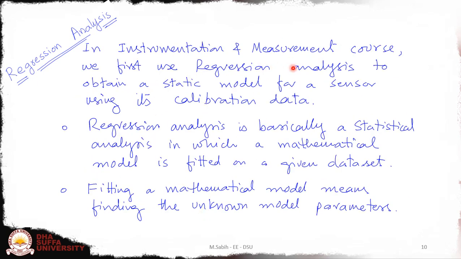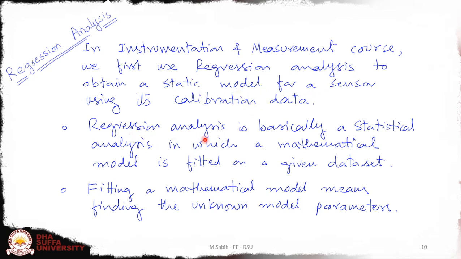In the instrumentation and measurement course, for example, we first use regression analysis for the problem of finding the static model for a sensor using the calibration data. So this will be our first task as a data analyst or data scientist in this field of instrumentation measurement. This will be the first task for him or her: to use the calibration data to find the static model of a sensor.